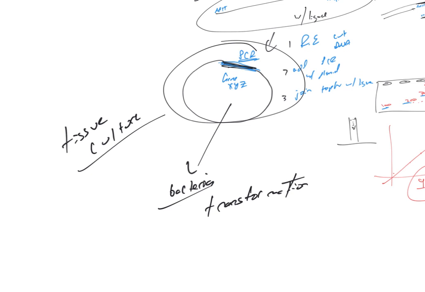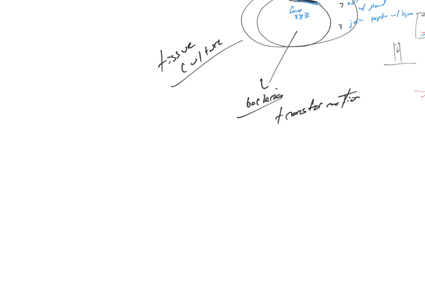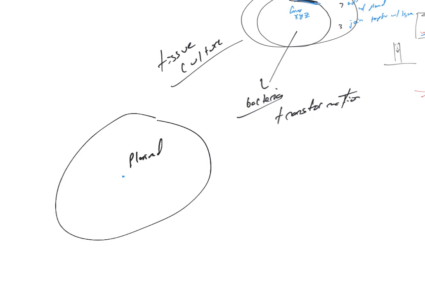Okay, so if you go Google a plasmid map, usually on a plasmid you're going to have maybe 3 to 5 genes. And one of those genes is basically going to be an antibiotic resistance gene, so this gene makes the plasmid resistant to antibiotics.